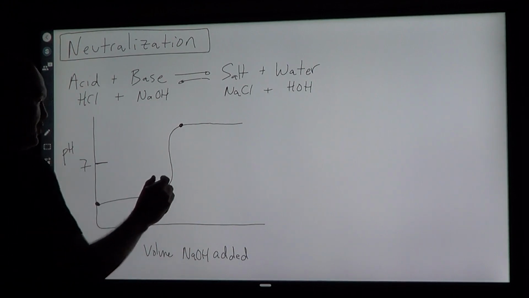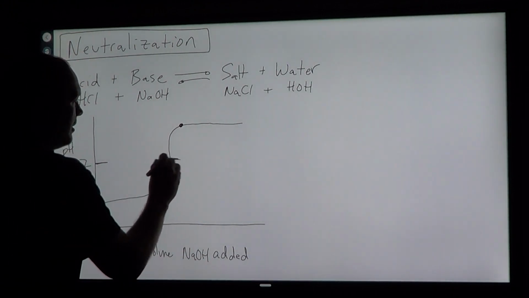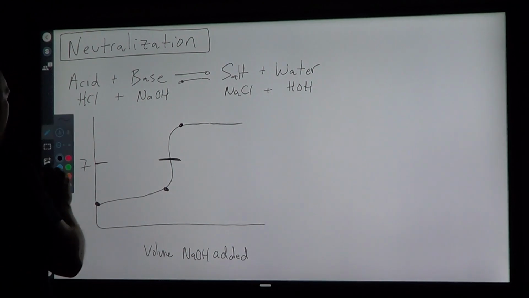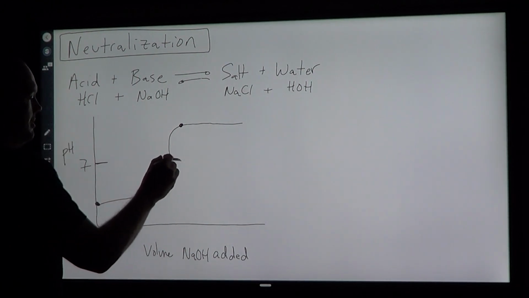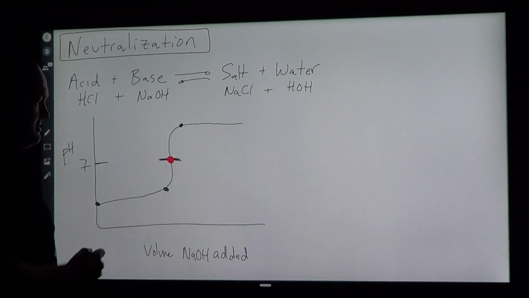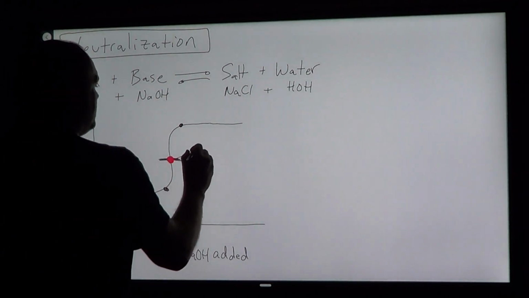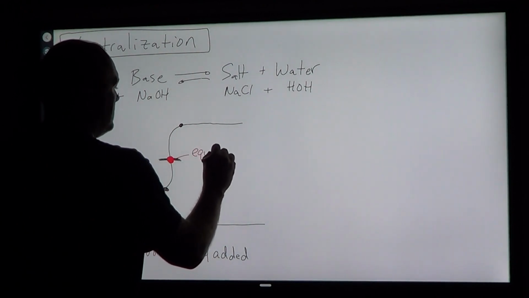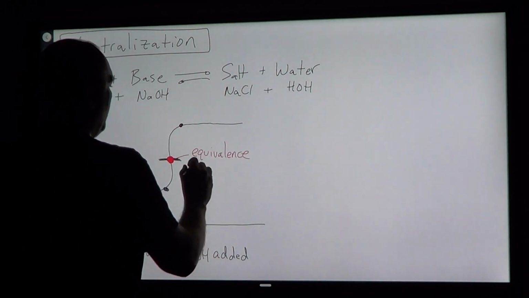What we want to do is reach the center of this giant curve. So I'm going to put a dot right there. This is an important place on the curve. It's called the equivalence point.